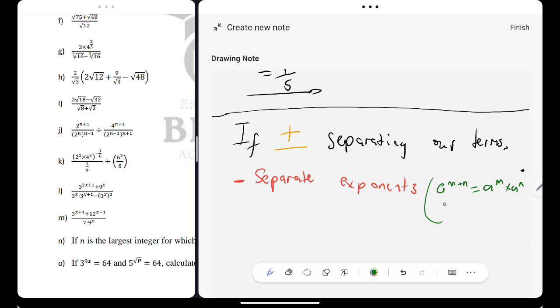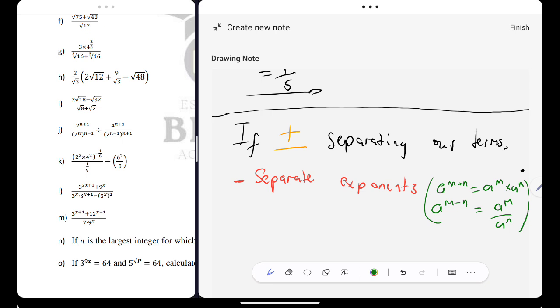If you have a to the power m over a to the power n, this is the same as... For this, it's simple, yeah?